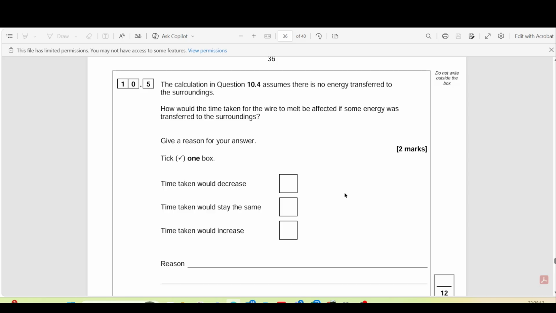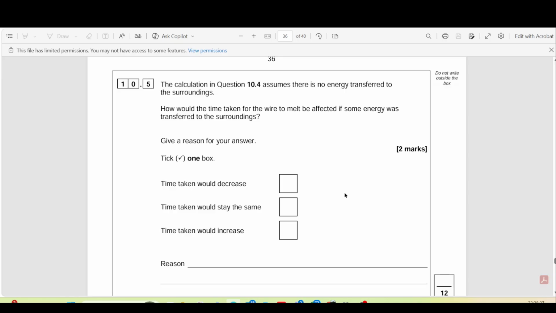The calculation in question 4 assumes there is no energy transferred to the surroundings. How would the time taken for the wire to melt be affected if some energy was transferred to the surroundings? Give your reason. If energy was transferred to the surroundings, the time taken would increase.